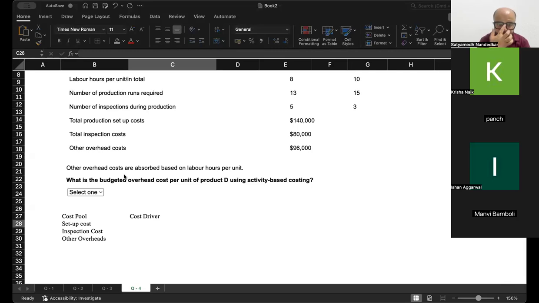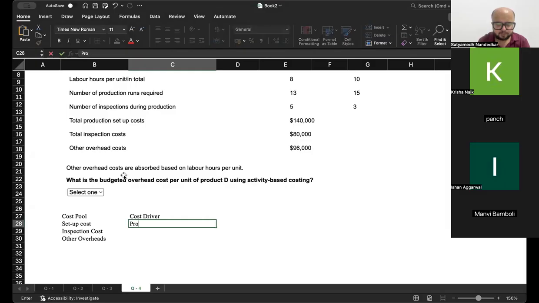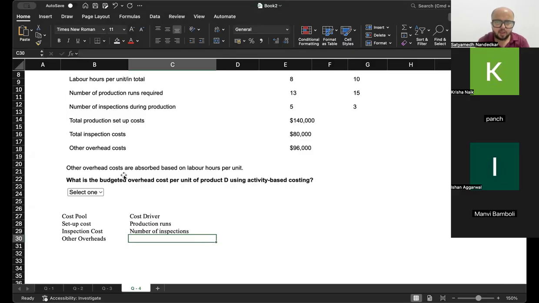For inspection cost, it is the number of inspections. For other overheads, they have told you it is labor hours.